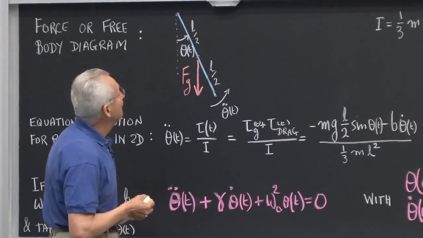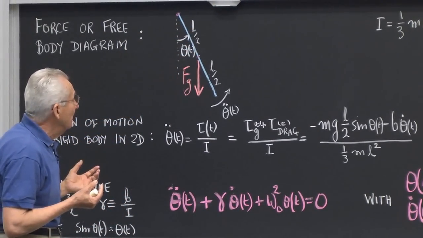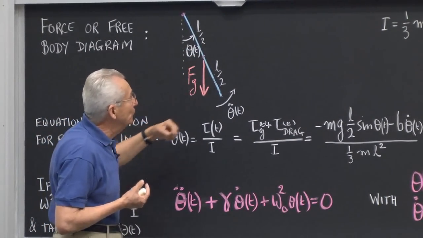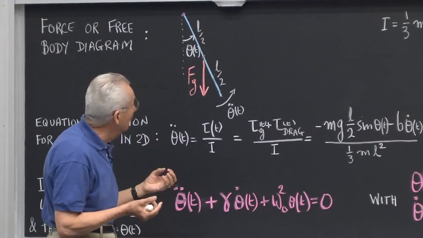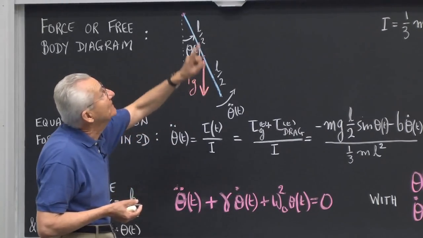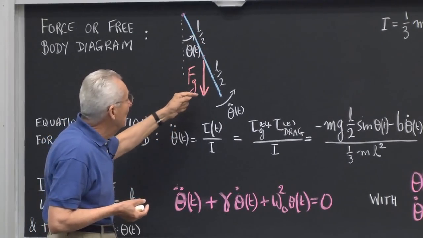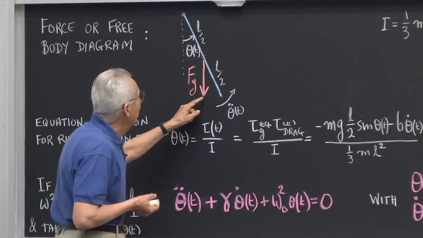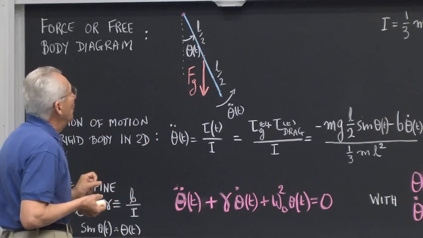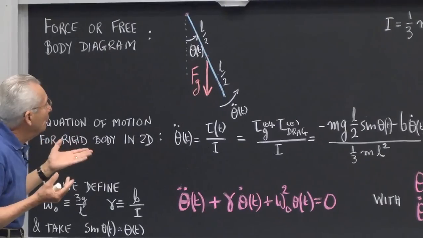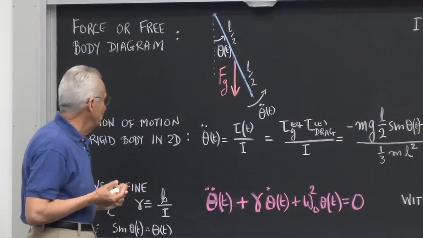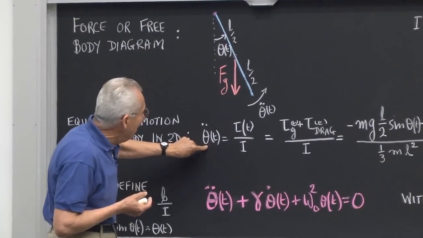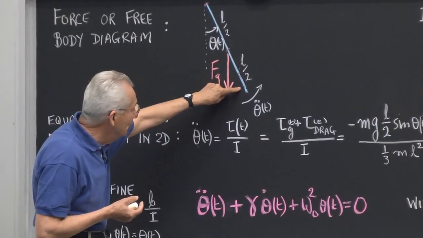In addition to that, there will be a torque acting on this due to the frictional force, which we said we will call b theta dot. So, what is the equation of motion for this rod?